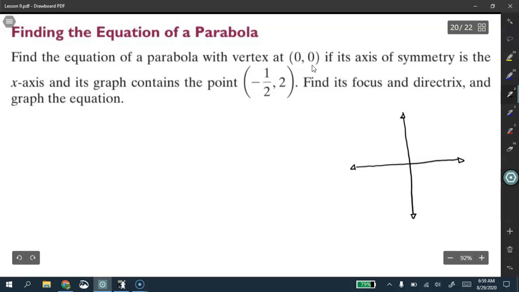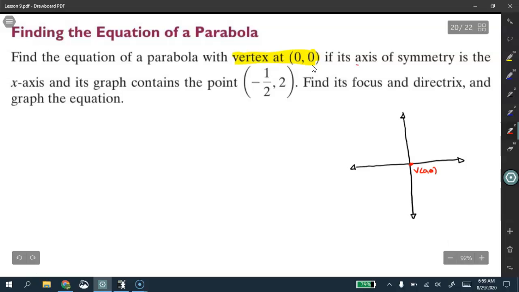To this day, as soon as I'm reading these questions, I'll start making a graph out of it. It's so easy to tell many of these things, right? So the first thing they mention is the vertex is at 0, 0. All right? So vertex 0, 0.